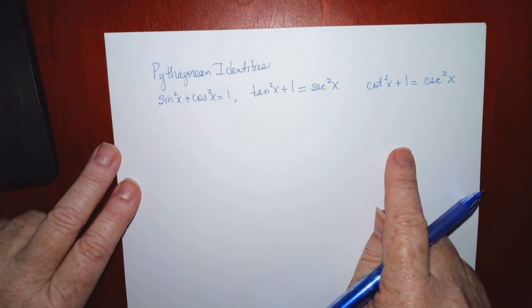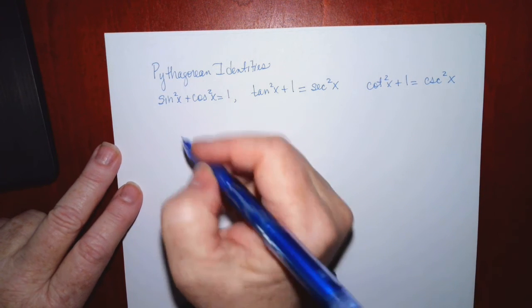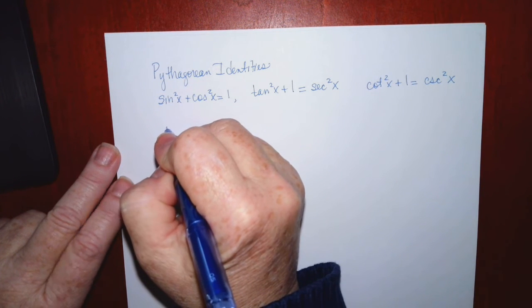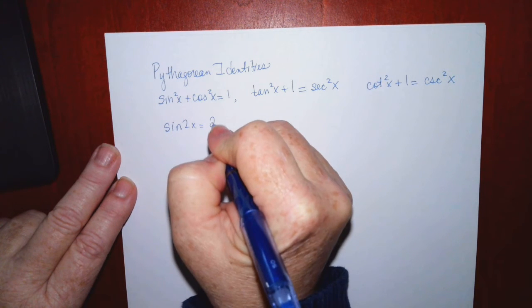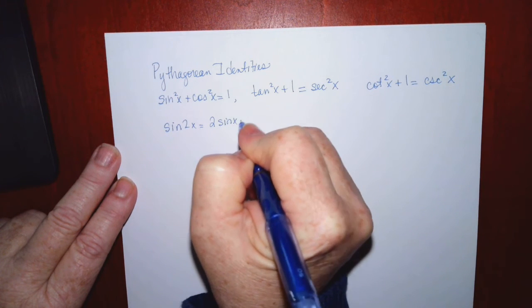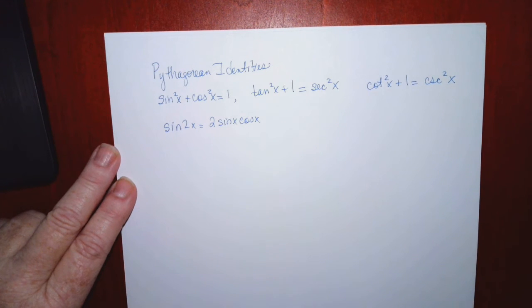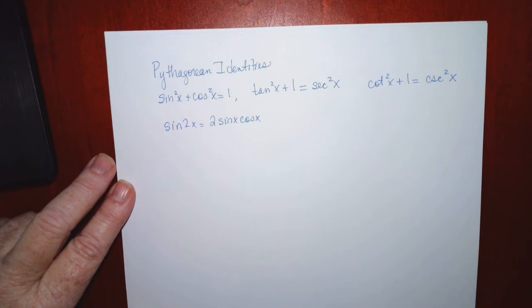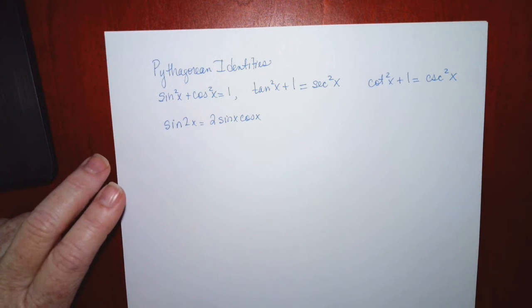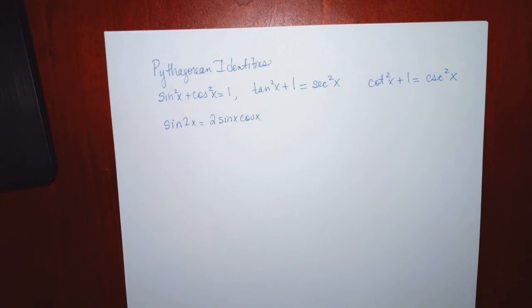The double angle we don't use quite as much, but you will need to know that, for example, sine of 2x is 2 sine x cosine x. And then there's a couple different ways that we can write the cosine of 2x. And remember, these are on the back of the front page of your textbook.